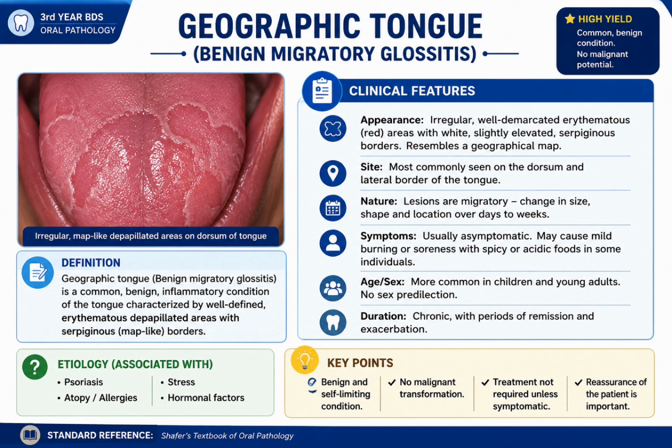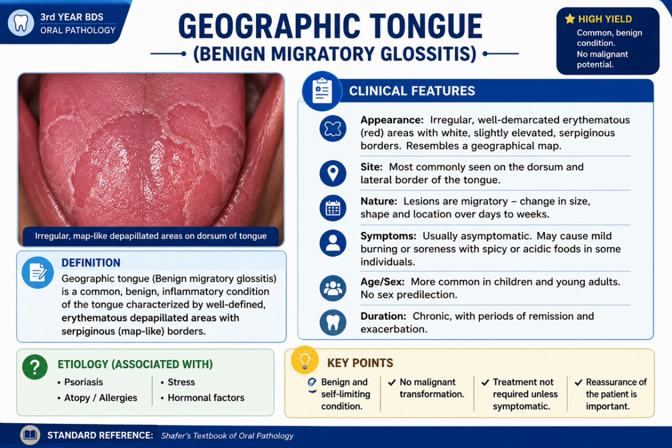Here we see well-defined erythematous depapillated areas, map-like in appearance. They are seen in a similar way to psoriasis, so they are also called psoriasiform mucositis.